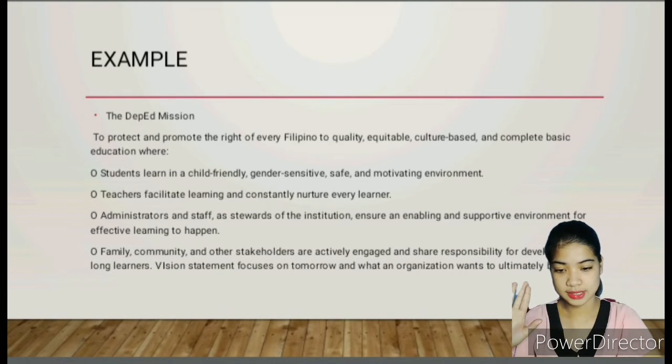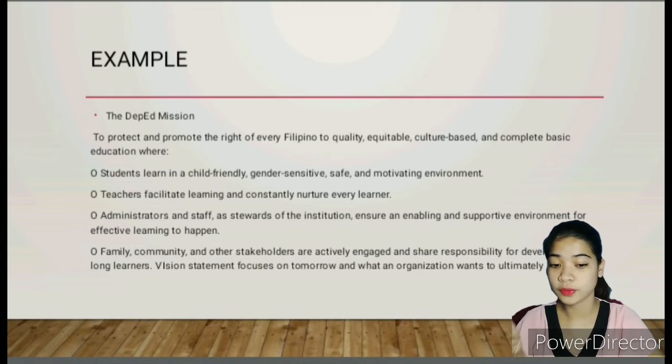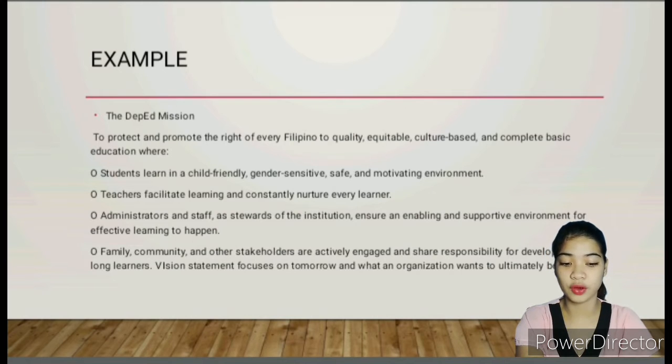Another example is the DepEd mission: to protect and promote the right of every Filipino to quality, equitable, culture-based, and complete basic education, where administrators and staff stay accountable to the institution, ensuring an enabling and supportive environment for effective learning to happen.